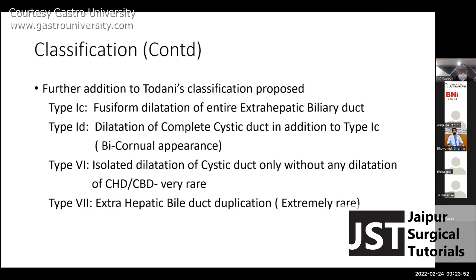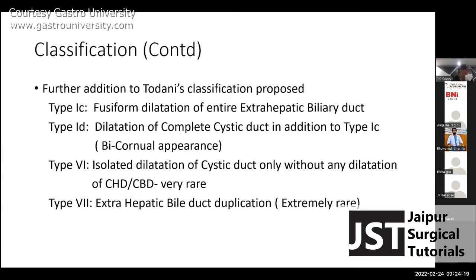Type 1C I have already described. It's a fusiform dilatation of the entire extrahepatic bile duct. And type 1D is the dilatation of the complete cystic duct in addition to the type 1C, and that gives the cyst a bicornal appearance. I apologize for the spelling mistake.